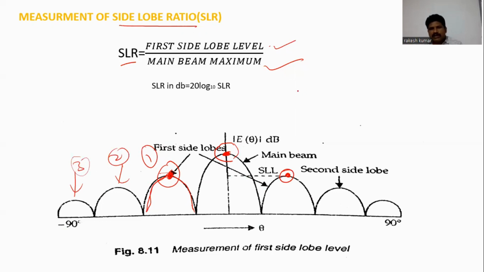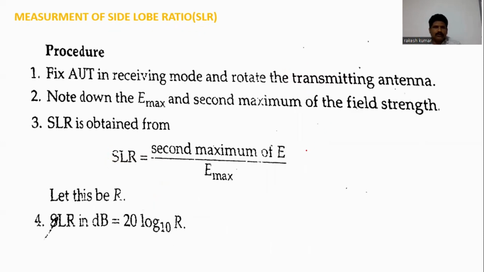So SLR is the ratio of the first side lobe to the main beam maximum. Simply fix the receiver, rotate the transmitter, and note the E max. E max by E is nothing but R. So SLR in dB is equal to 20 log base 10 R. So this is how you can measure the side lobe ratio.